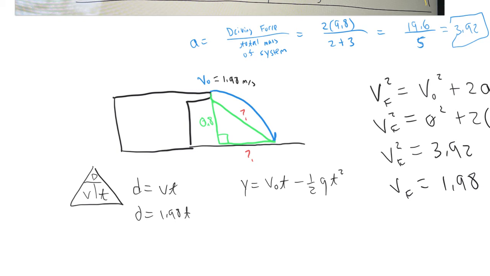Now, y would be that vertical distance, so that's just 0.8. Now this part could be confusing. The original velocity when we're considering this y component is actually 0. And I should probably just put an x under this, okay? I'm going to label this as v sub o y because it is true that the original velocity, when you're looking only at the horizontal component, is 1.98.